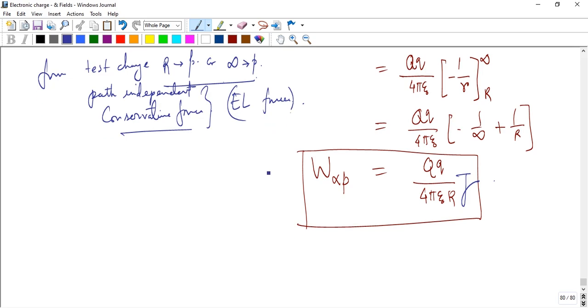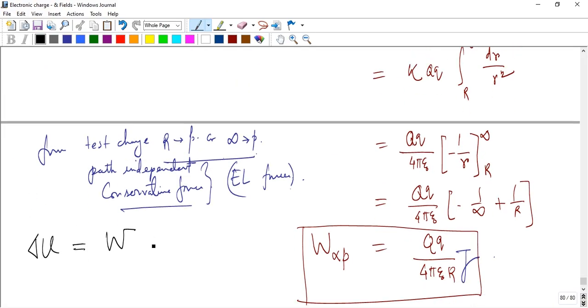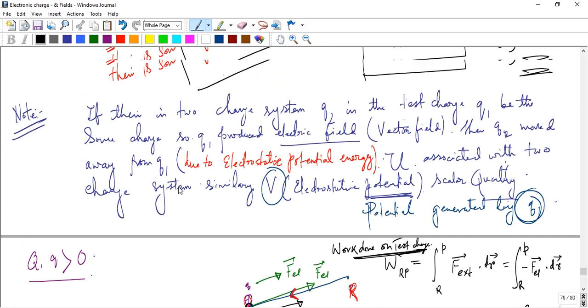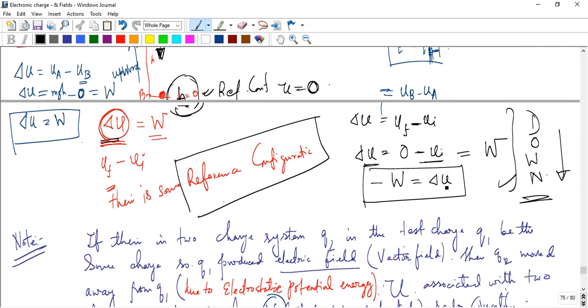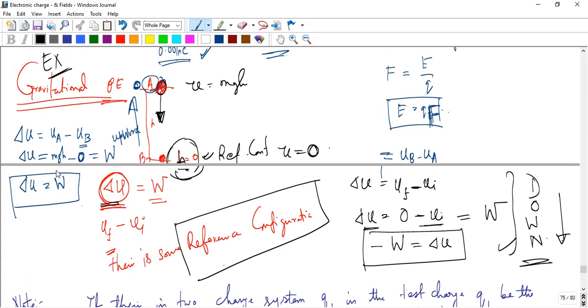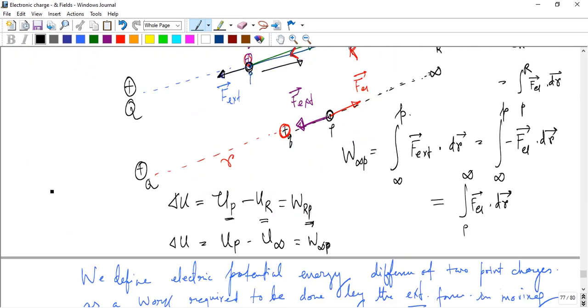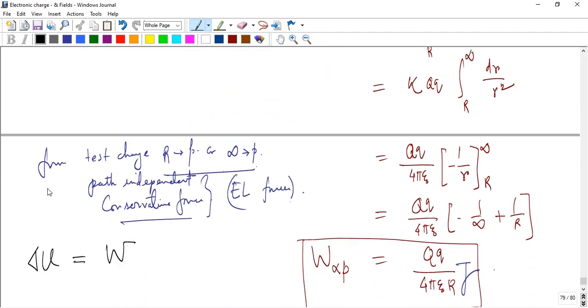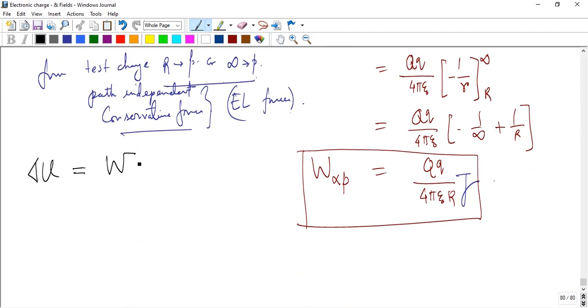Suppose there is some change in energy, that is also related to work done. So change in energy, delta U, is equal to work done. We discussed previously that delta U equals W. Both cases are true, because energy is a scalar quantity that doesn't depend on plus or minus W. So a change in energy equals work done.